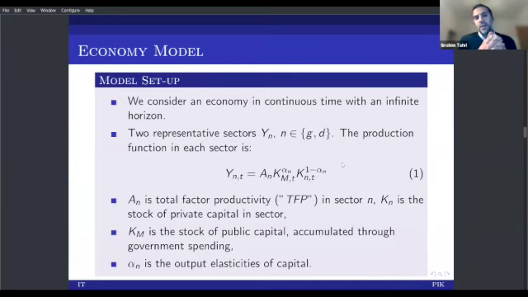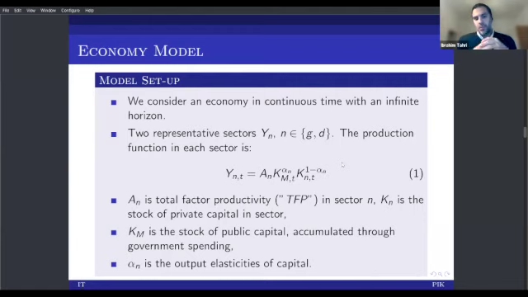Here I consider an economy in continuous time with infinite horizon. Why continuous time? Because with continuous time you also have the ability, to a certain extent, to get some analytical solutions, to give you an idea of what's going on. In this model I consider two representative sectors.